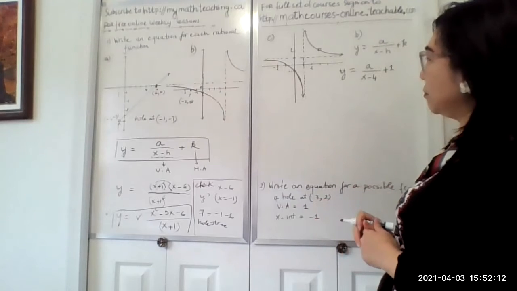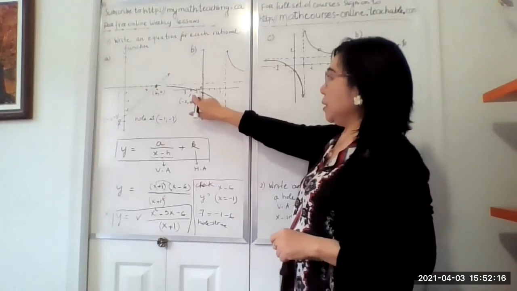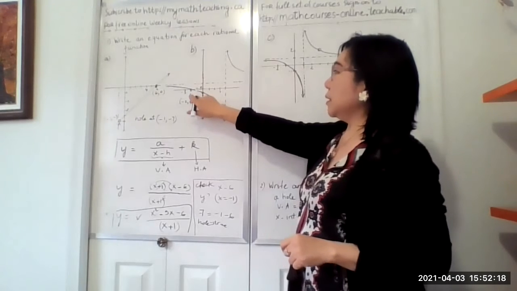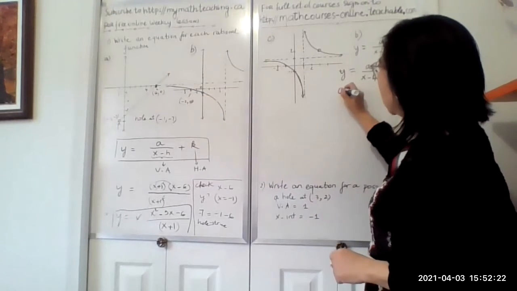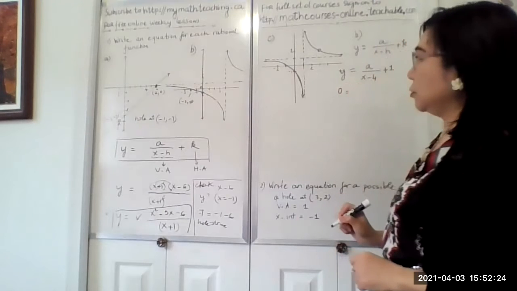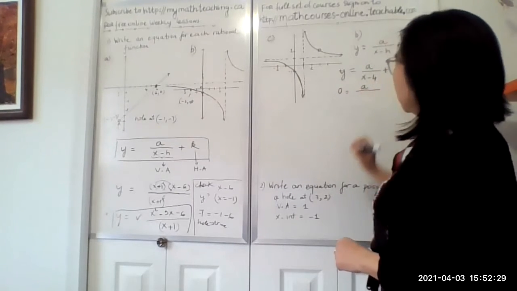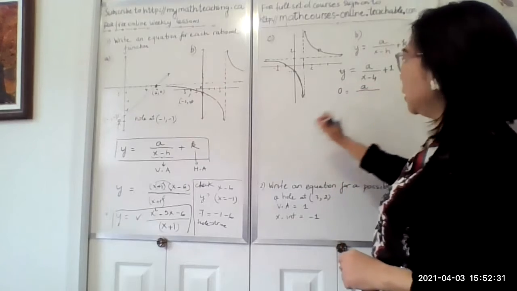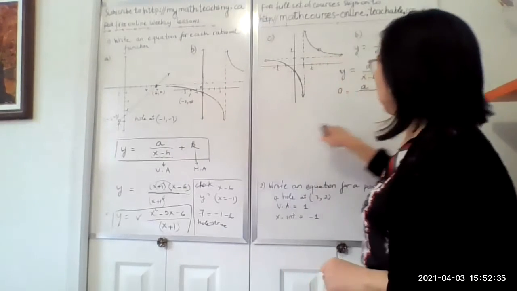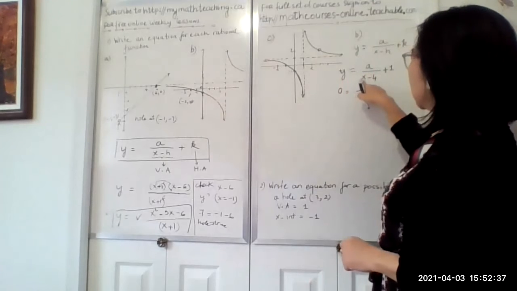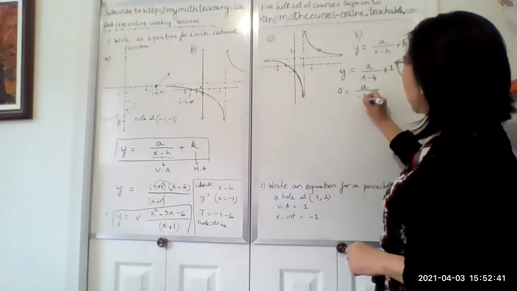Now, let's say I pick the point of the x-intercept here, right? So I can substitute y equals 0 into the equation. The a is still a, I don't know, and my x-intercept is -2, so y is 0 and x is -2 in this equation.